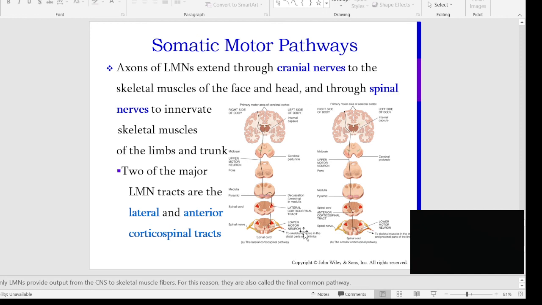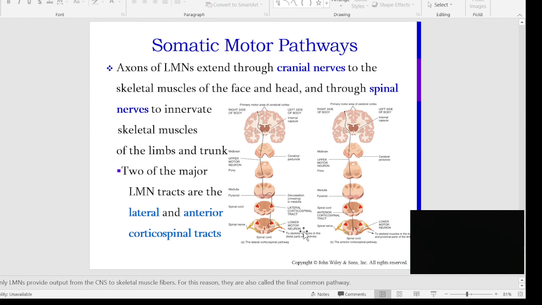If it is the lateral corticospinal tract, it crosses in the medulla. But if it passes through the anterior corticospinal tract, it crosses in the spinal cord at the level where the response will happen.